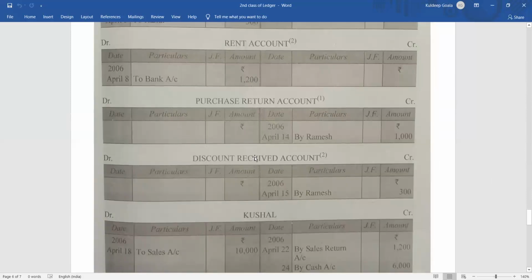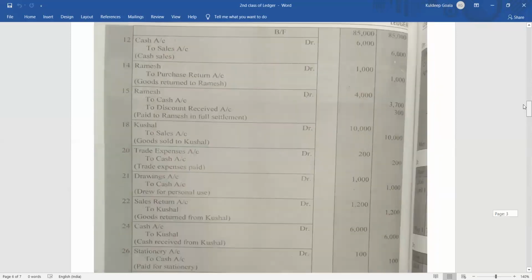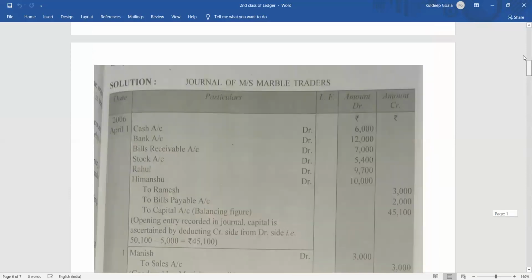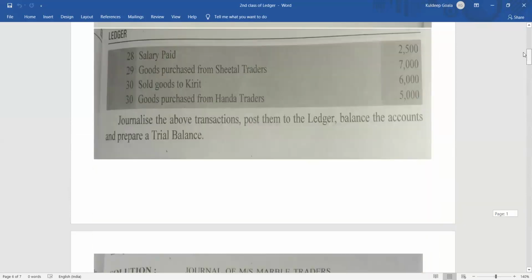This is the discount received account. You have to prepare it by Ramesh account 300. Clear? By Ramesh account 300. Or by Ramesh also you can write down. If you want to write account along with the name of the person, you have to add apostrophe, Ramesh's account. Okay. Then coming to the next one.